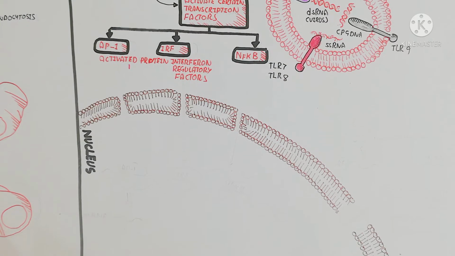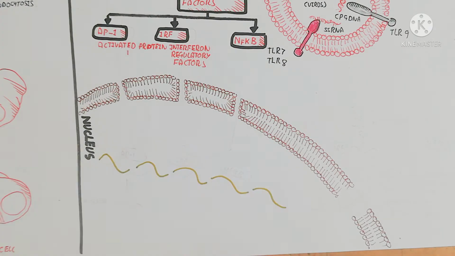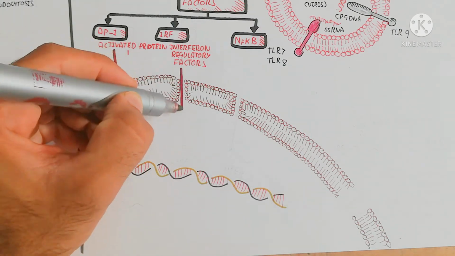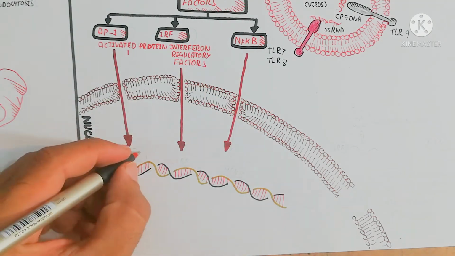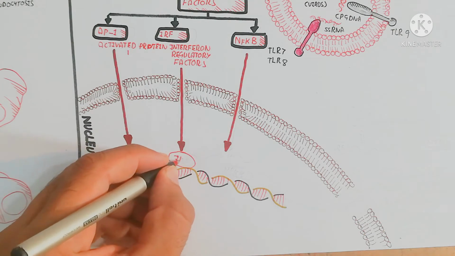In this way you can see the activator protein 1 binds with the DNA at a specific gene where transcription will occur and produce messenger RNA.